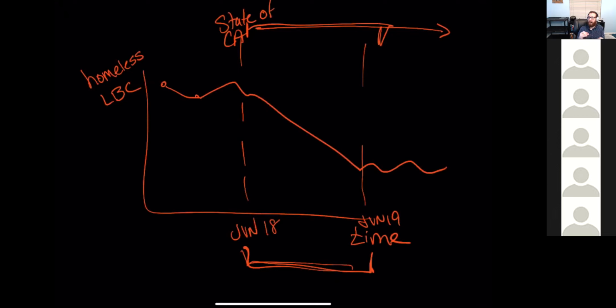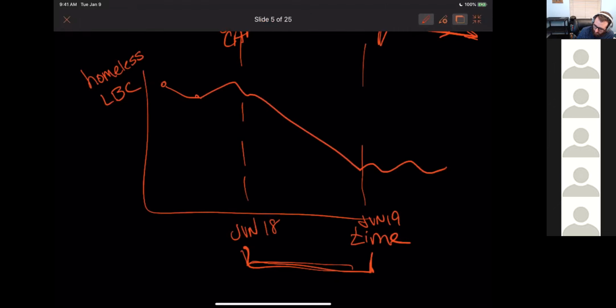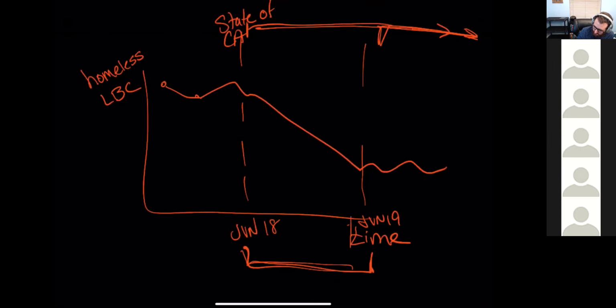This is where pattern matching comes in, because let's say the state of California continues their program into the future. We did a 1-year pilot program that ends. We start to see homelessness do this again, starts to trail back up instead of continuing this direction. Now we have a pattern matching situation where we can say, well, it's probably not the state of California.